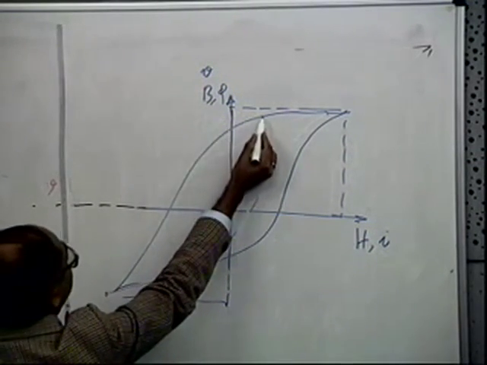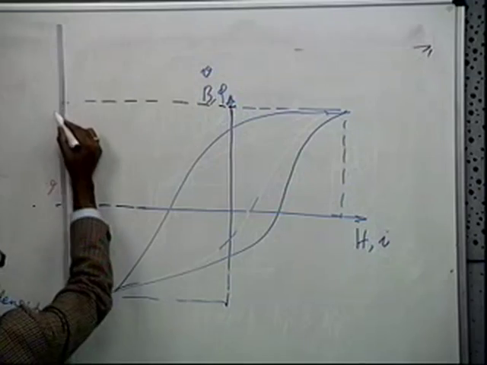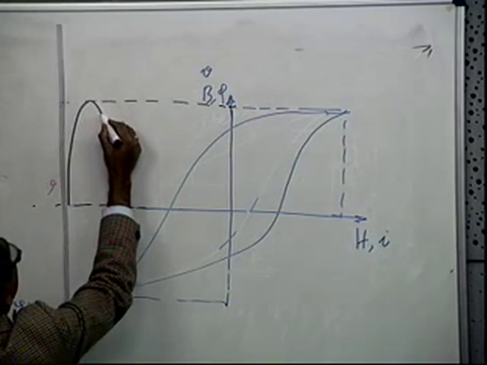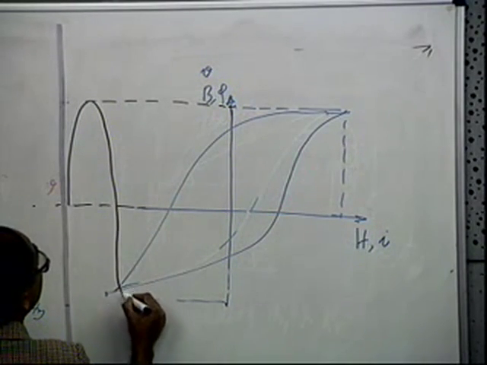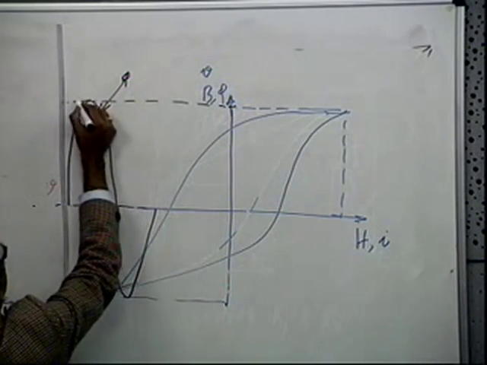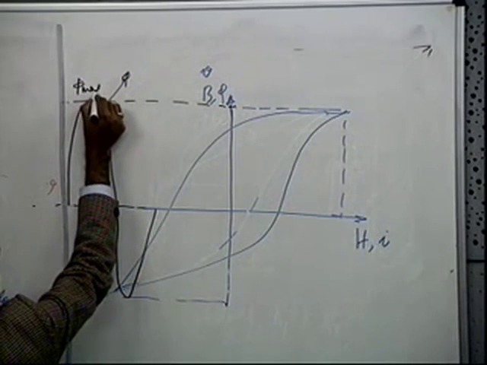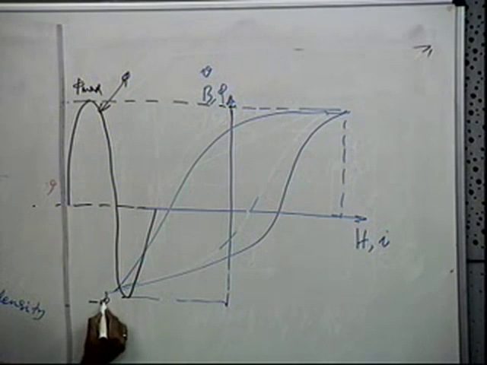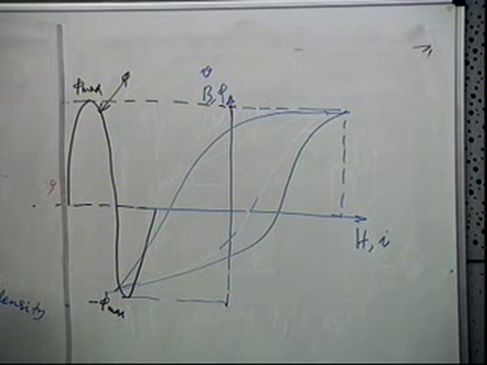Let us say you have the maximum flux. This is flux which will go from phi max on the positive side to minus phi max. Let's assume it's sinusoidal.